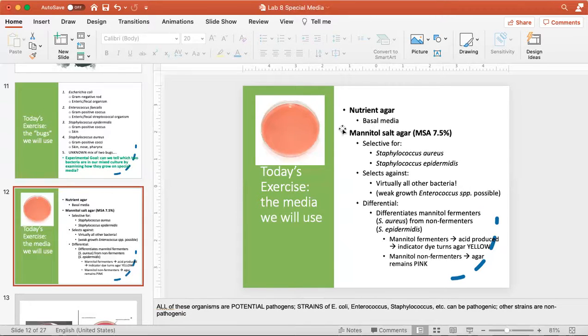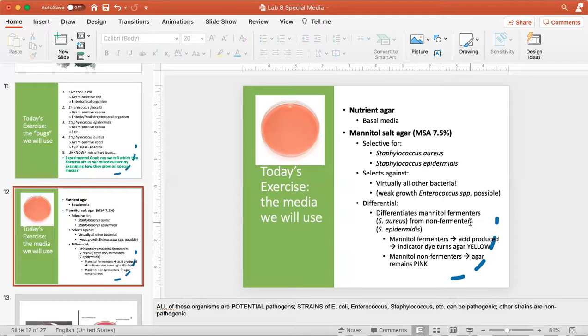But the mannitol is differential. Mannitol is a carbohydrate. It's a sugar. And some bacteria are able to ferment mannitol. So this media will differentiate for us organisms that can ferment mannitol from organisms that cannot ferment mannitol.